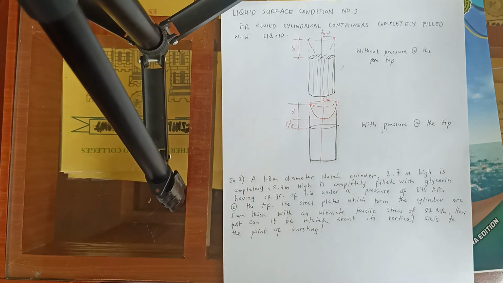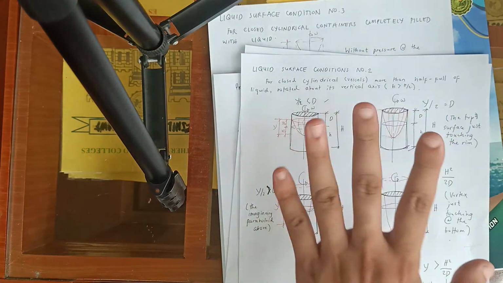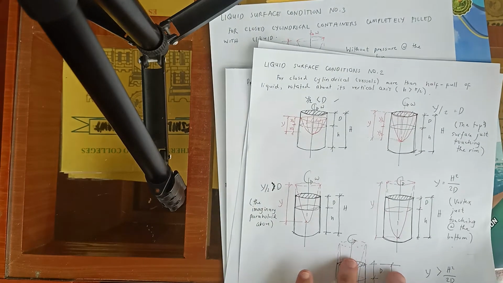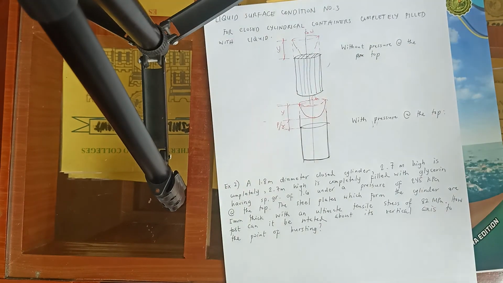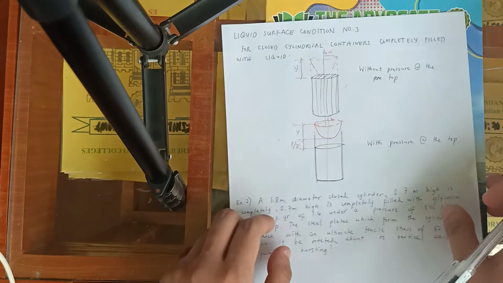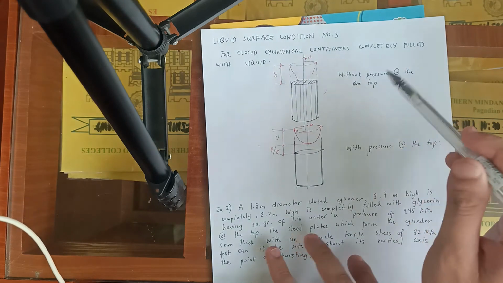For closed cylindrical containers completely filled with water, so this one is closed but half filled, not full. The first condition, liquid surface condition number 1, is open. So the third one is a bit tricky. But I know we can do it.